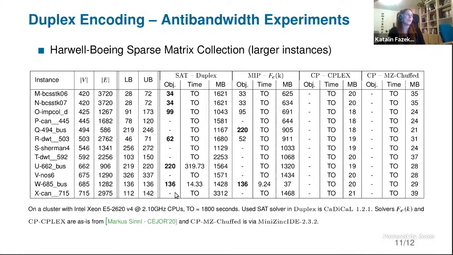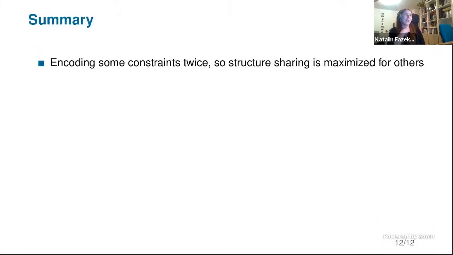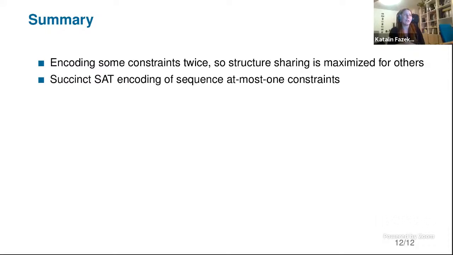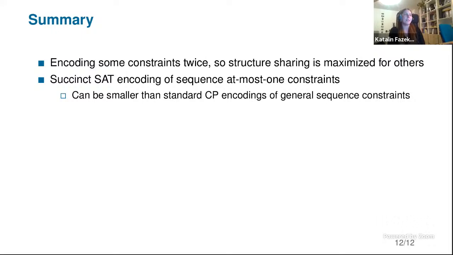So just to sum it up in one sentence, the main step of our encoding is that we encode some of these constraints twice with the hope that we can then maximize the structural sharing when it comes to the other constraints. And as a result, we got a really short encoding for sequence atmost1 constraints. And this is actually in some cases even smaller than the CP approach.